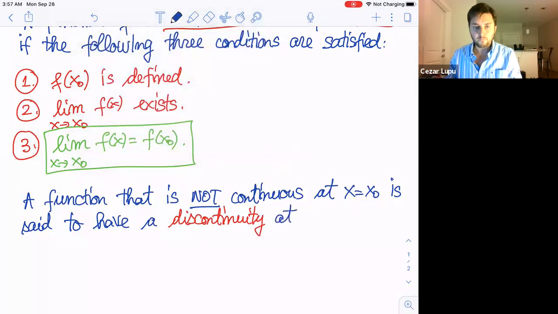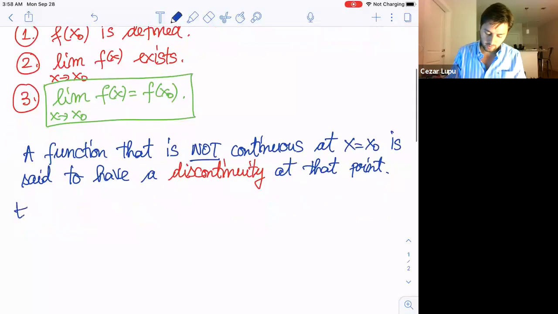In other words, if the function is not continuous at that point, then it has a discontinuity at the point x naught. All right, now let's see some examples.